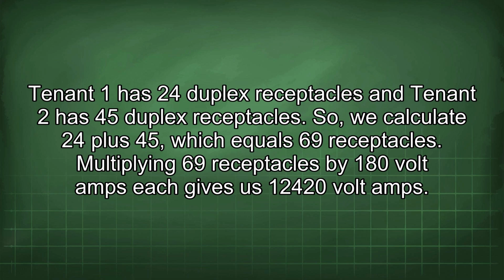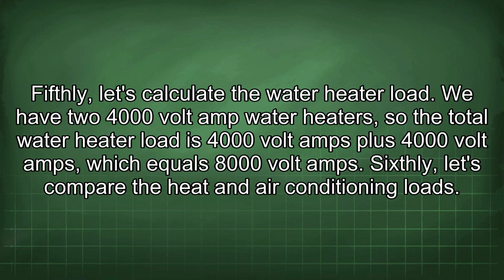Multiplying 69 receptacles by 180 volt-amps each gives us 12,420 volt-amps. Fifthly, let's calculate the water heater load. We have two 4,000 volt-amp water heaters, so the total water heater load is 4,000 volt-amps plus 4,000 volt-amps, which equals 8,000 volt-amps.